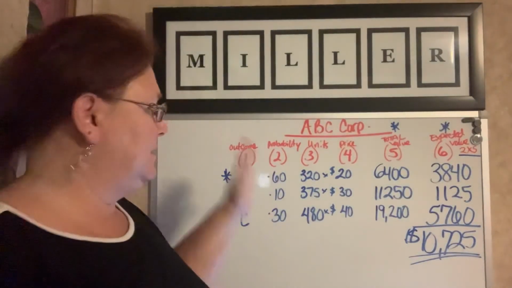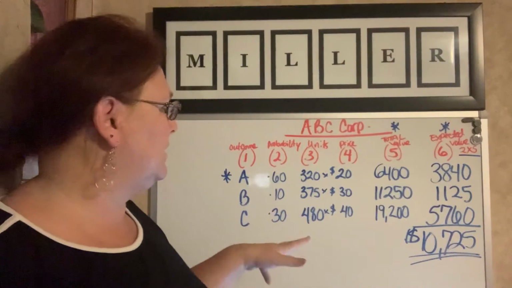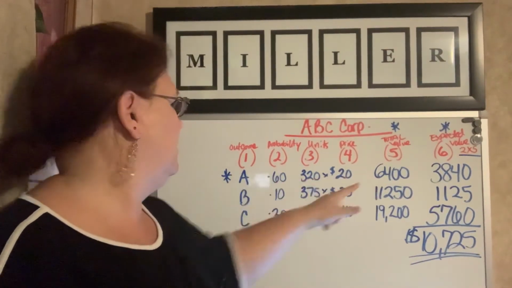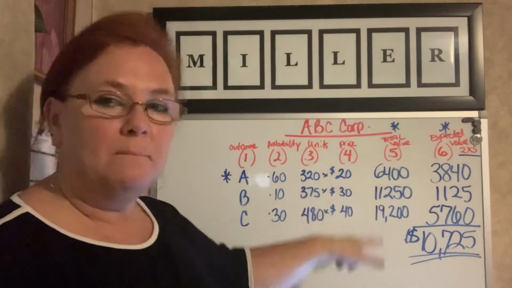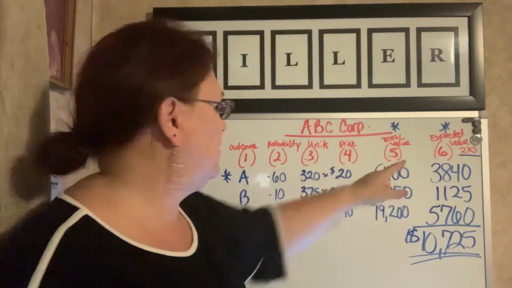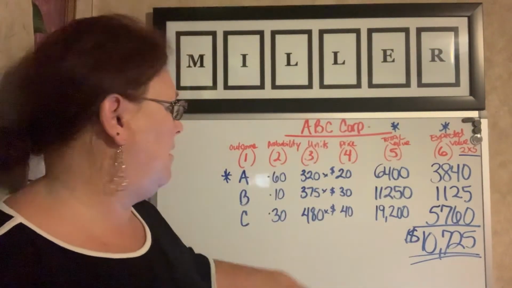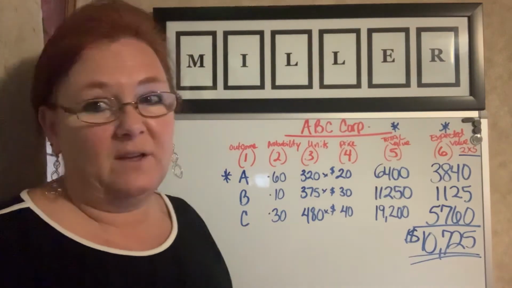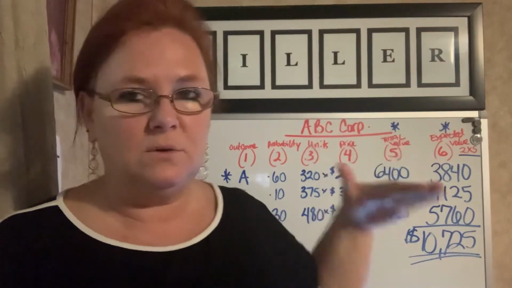So again, they're all independent columns here. All we're doing is calculating the total value by multiplying the units by the price. Do that all the way down for all the scenarios. If I gave you 6 or 7 different scenarios, you do the same thing.